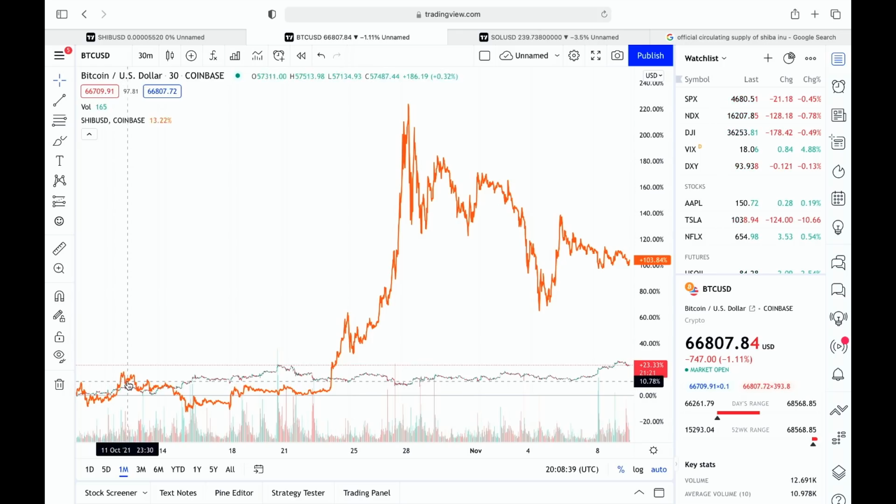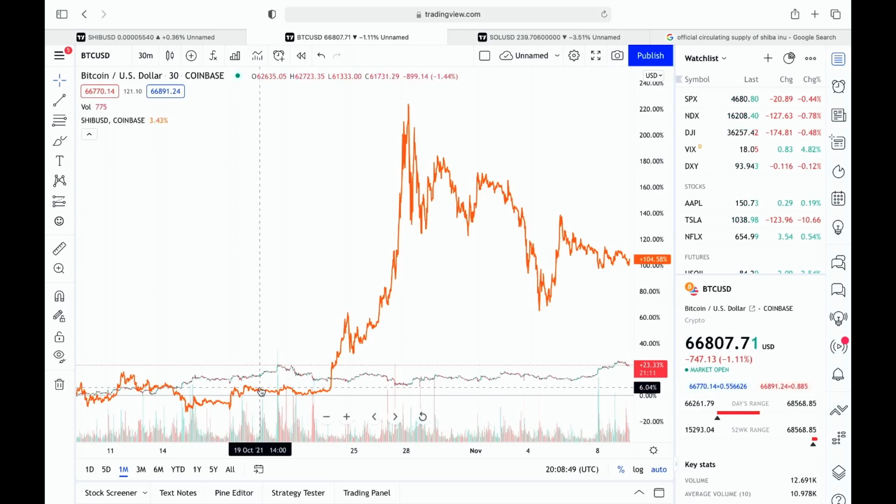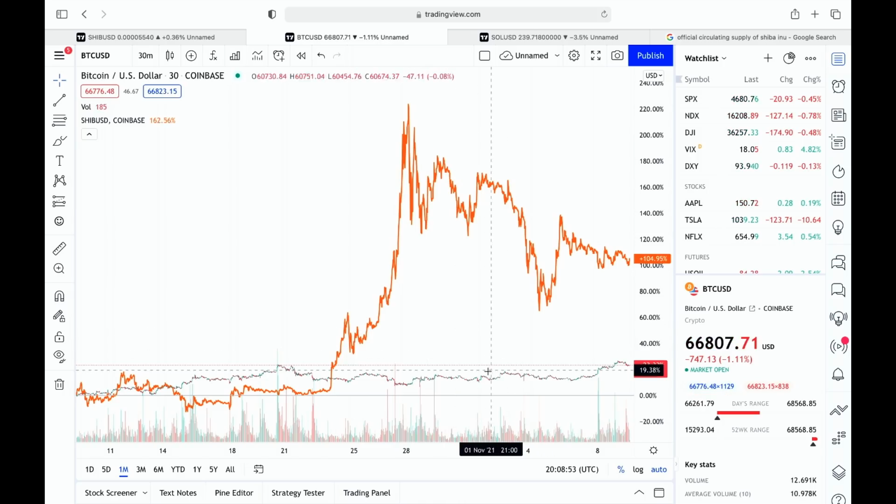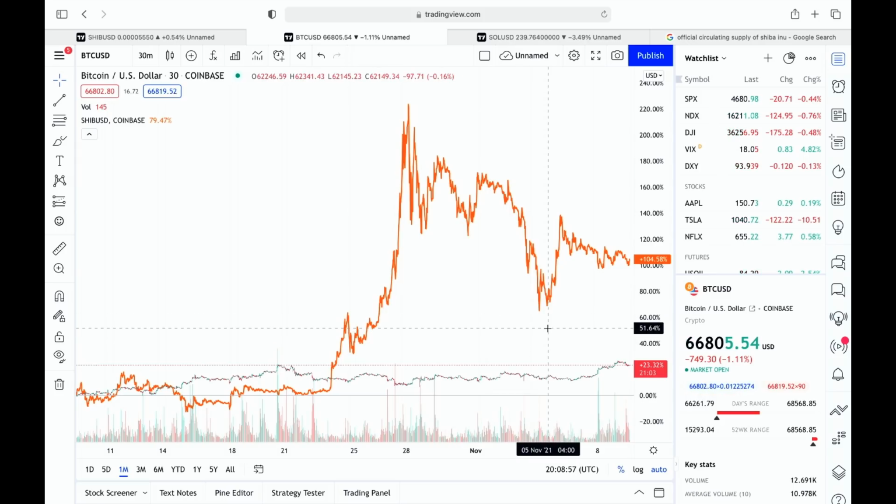We kind of went a little bit here, but generally as SHIB goes down, Bitcoin goes up. You see the correlation? It's almost polar opposite, okay? It's the opposite as far as a phase. It does the opposite generally of what Bitcoin does, right? And that's an interesting thing to see.